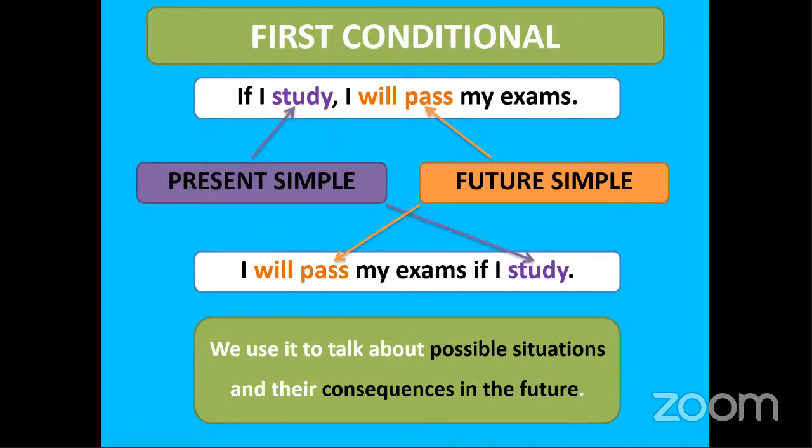Here we have another concept, the use of the first conditional, to talk about possible situations and their consequences in the future. When we say possible situation, that means it's not for sure that that will happen in the future. First conditional is 50% of probability.